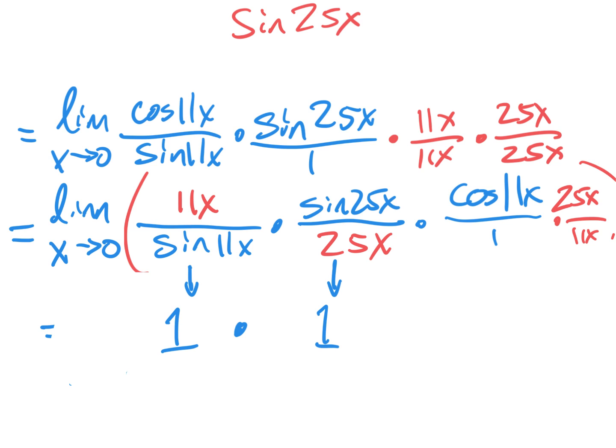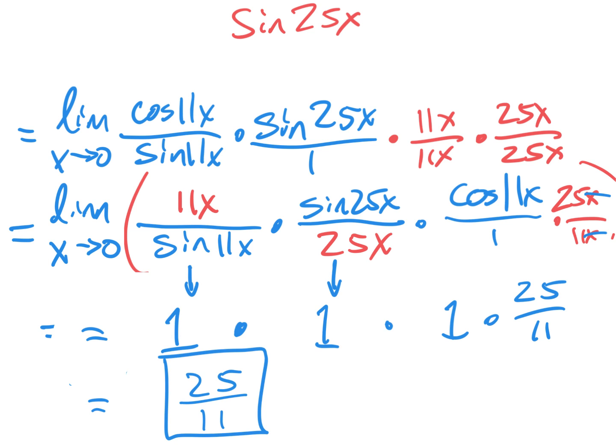This is over 1 if you want. When you plug in 0, it's not a problem. Cosine of 11 times 0, which is cosine of 0, which is 1. And then these x's here are going to cancel, and we have 25 over 11. And what is that whole thing worth? Well, that's just 25 over 11.